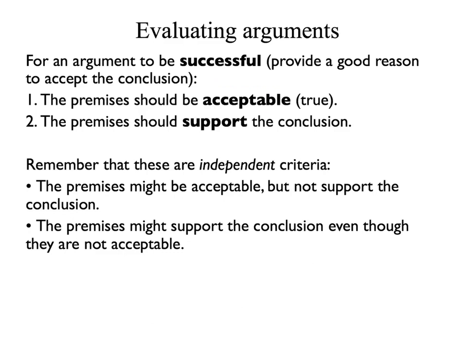So to remind you, for an argument to be successful, for it to provide a good reason for accepting the conclusion, the premises should be acceptable as true and the premises should support the conclusion. The conclusion should follow from the premises.